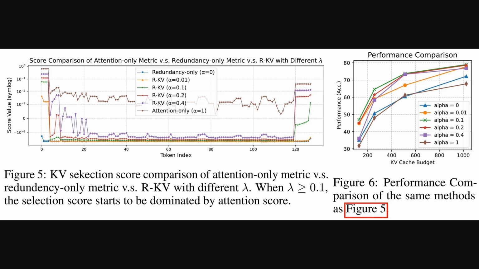The brown line is attention only, while the blue line is redundancy only. The other lines are RKV with different alpha settings. Then the performance chart on the right shows what really matters. Pure attention or pure redundancy alone don't perform best. The sweet spot is the green line, with an alpha of 0.1, proving that the best strategy is combining both metrics.